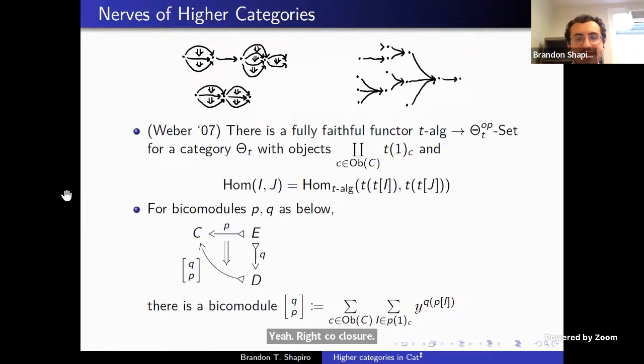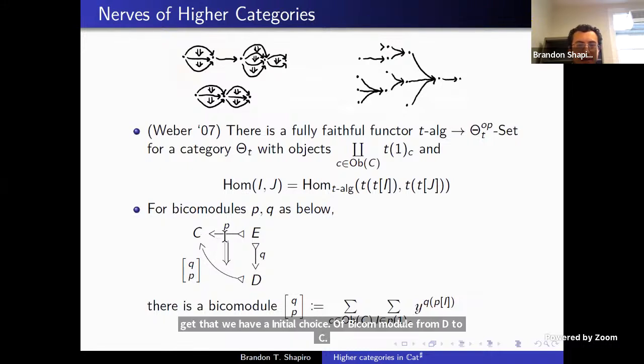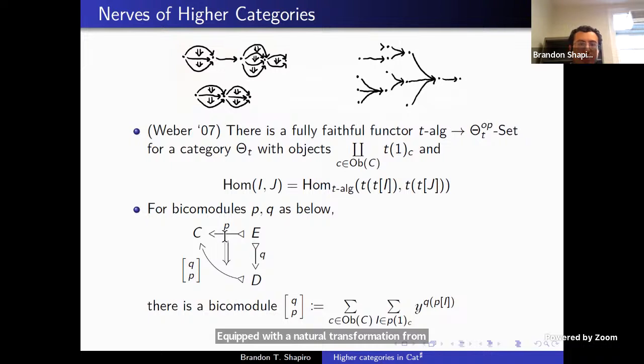So what that means is that for any pair of bicomodules, P and Q, like so, we get an initial choice of bicomodule from D to C, equipped with a natural transformation from P to the composite of this with Q.